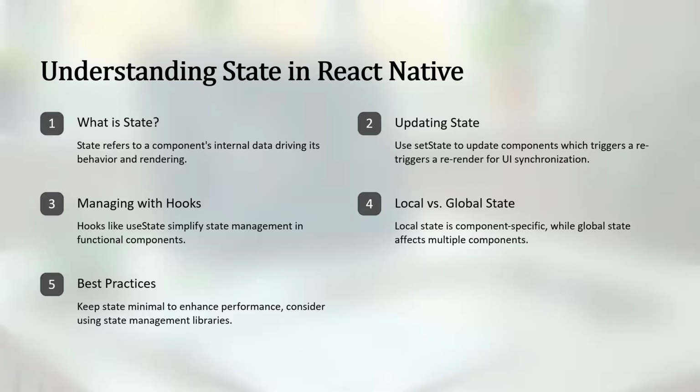Next, state in React Native. So what is state? State refers to a component's internal data, like current user input, screen mode, or loaded API response. In functional components, we manage state using the useState hook.